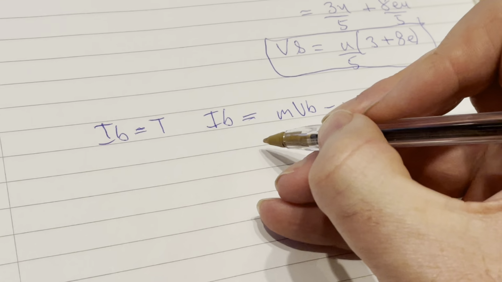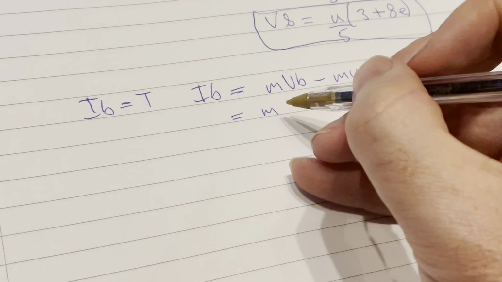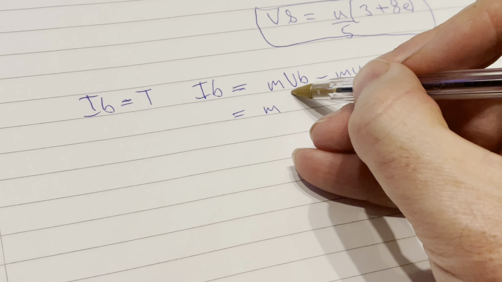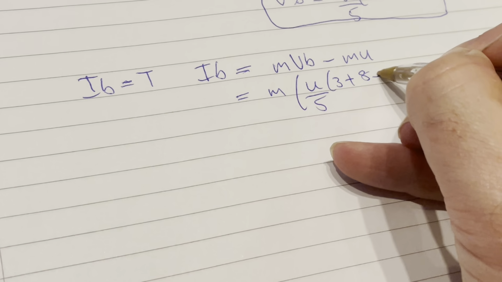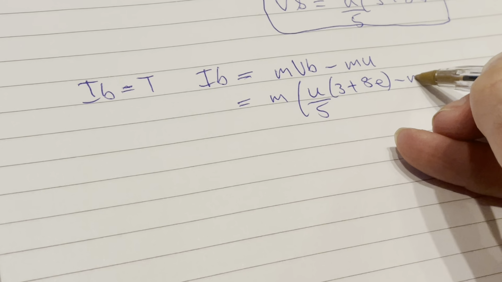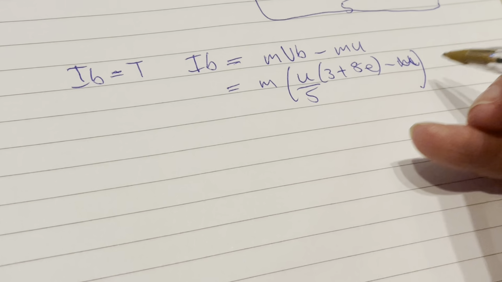So it's equal to m times u over 5 times (3 plus 8e), minus m, which, no, sorry, minus u.